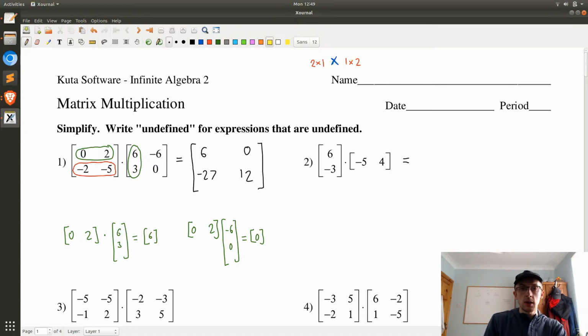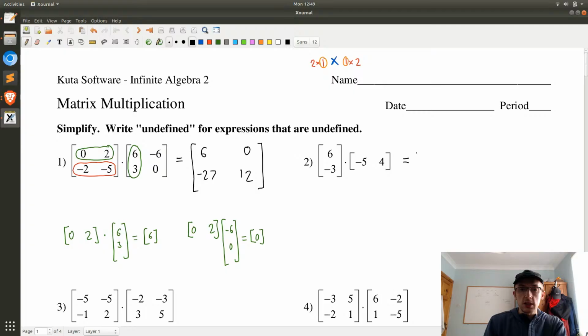And why so? Because this pair of numbers agree. This pair of numbers right here agree. The two ones on the inside. That's how I sort of remember it. But if you want to be formal and official, you have to say the amount of columns in the first matrix has to match the amount of rows in the second matrix.